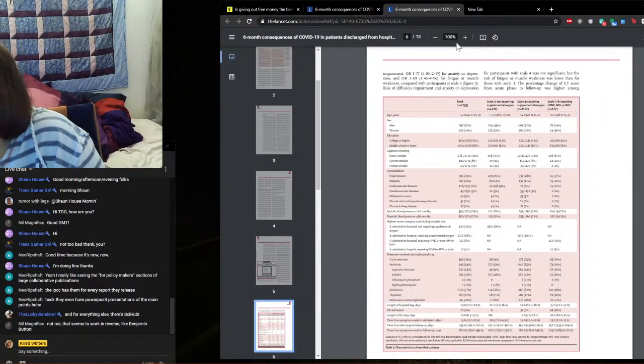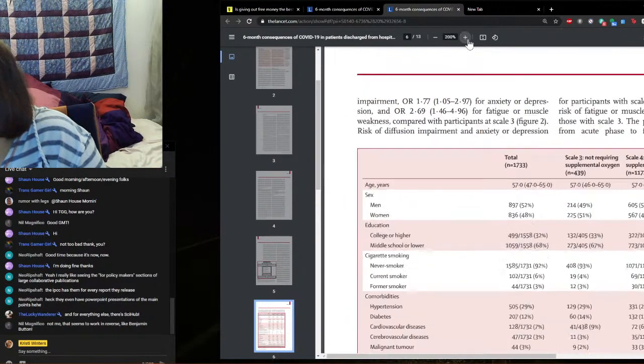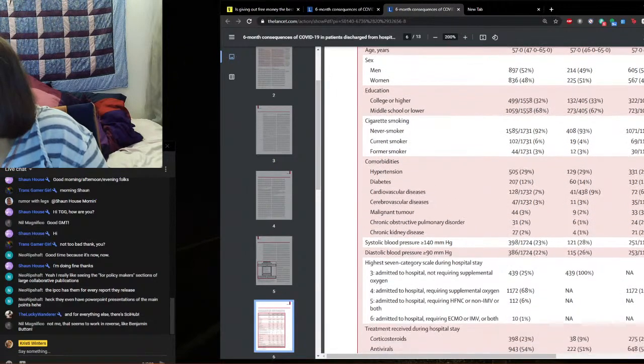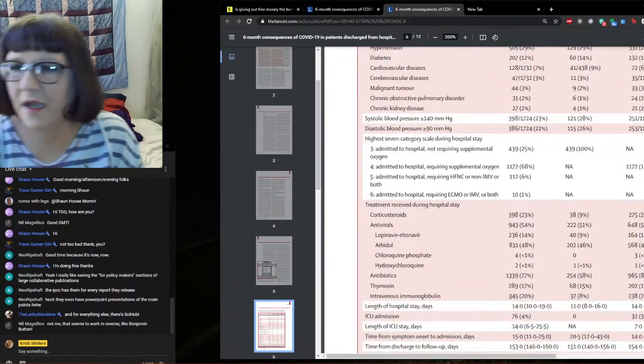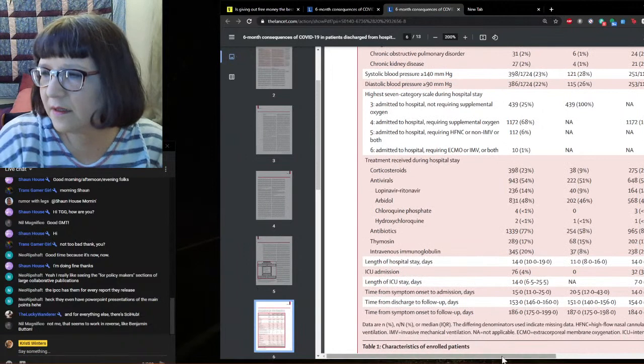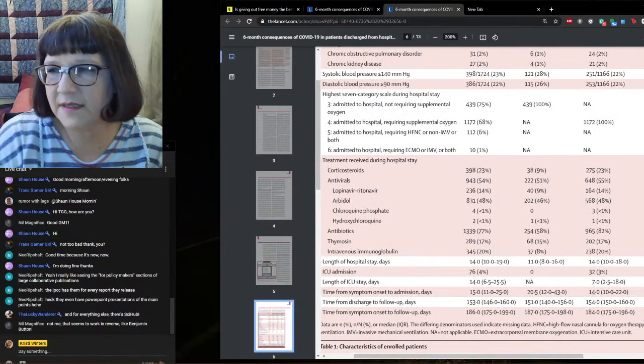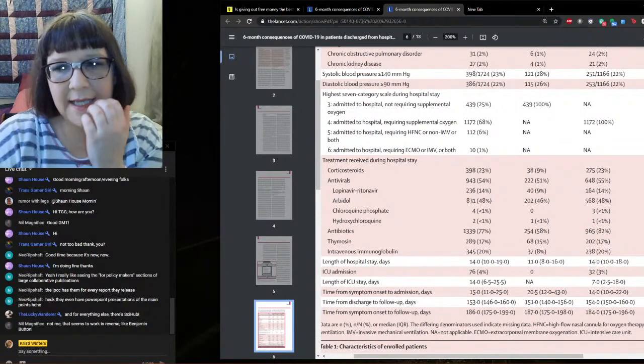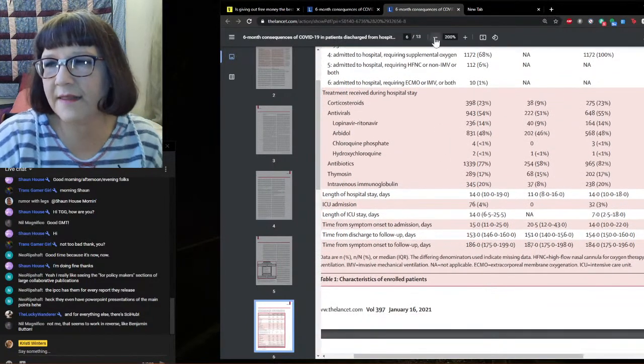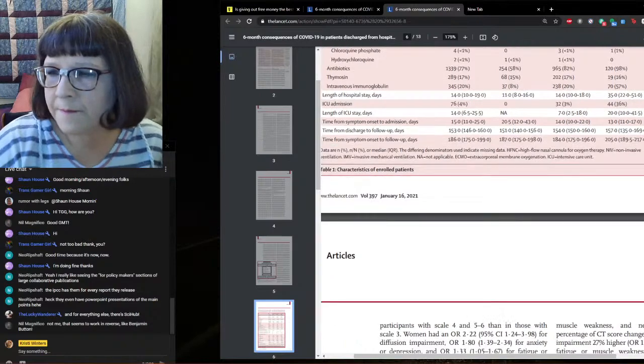So I'm just going to zoom this up a little bit here. Okay, these look like all the descriptive statistics. I'm saying that because they're not looking at how much variation or anything like that is being explained.